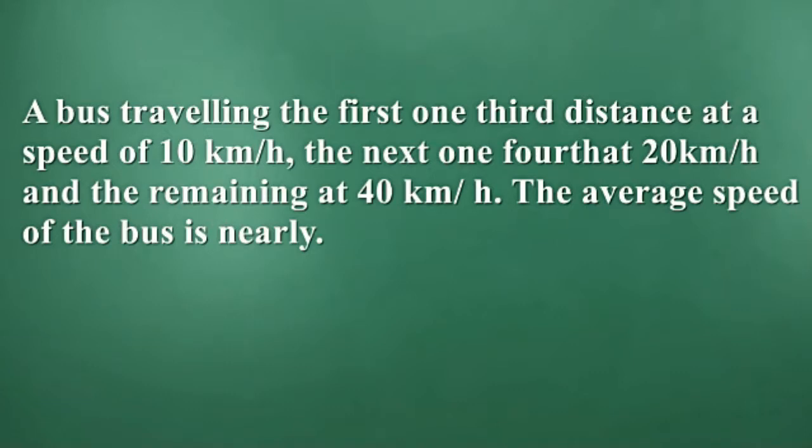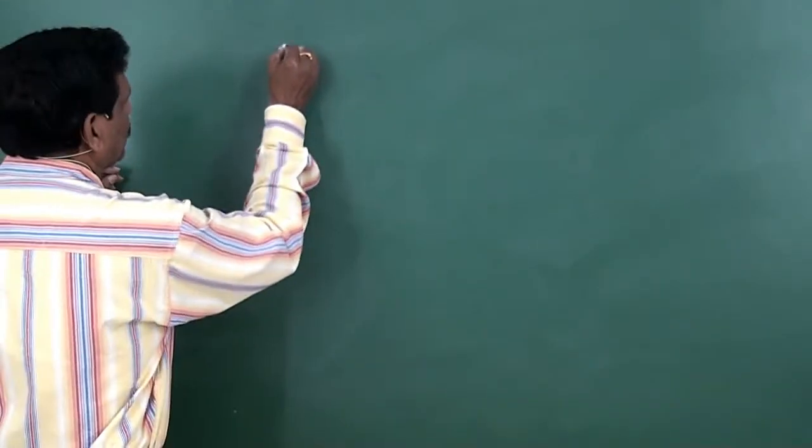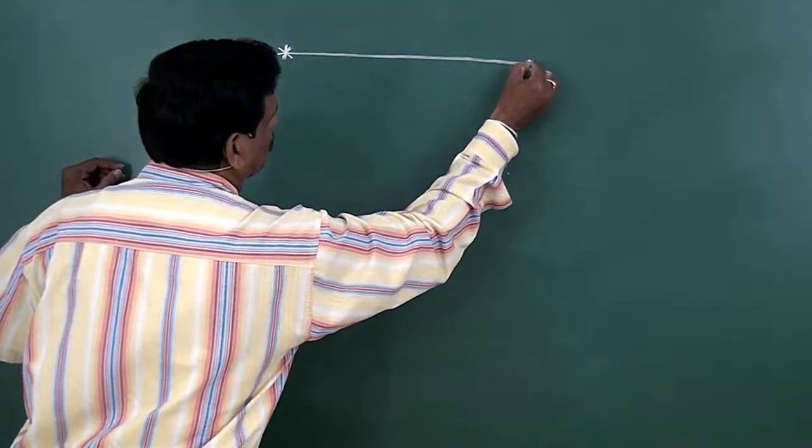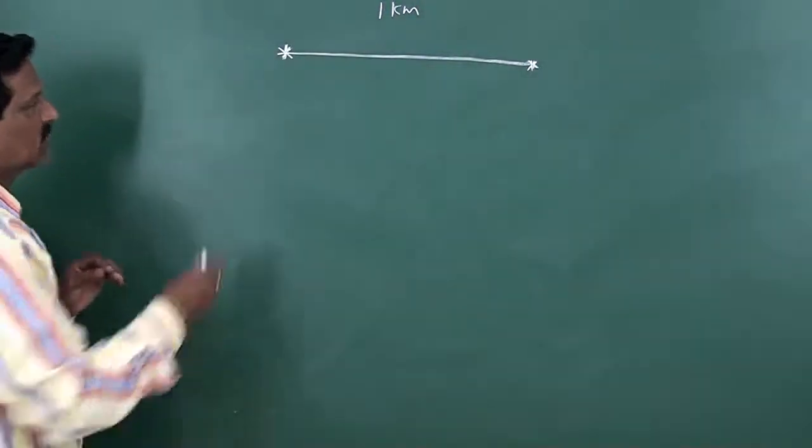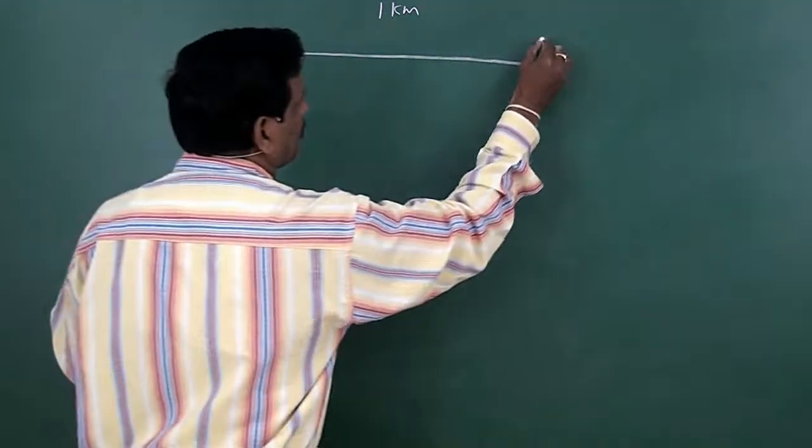So similar to the previous problems, but here the 3 distances are different: first 1/3, next 1/4 and remaining. So for this we consider total distance to be 1 kilometer.